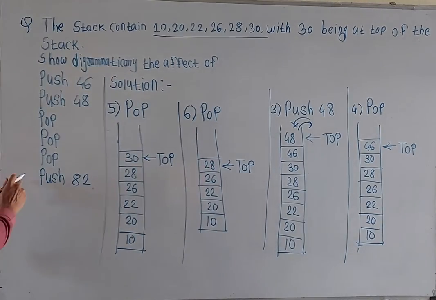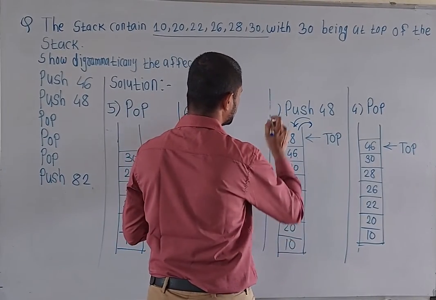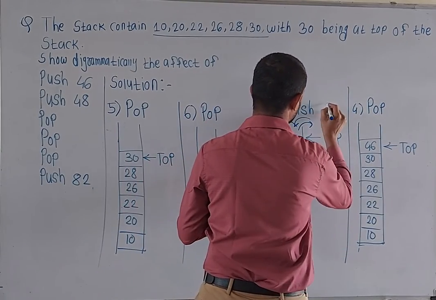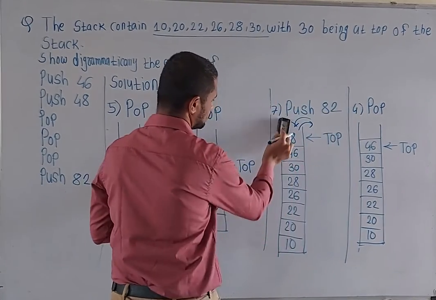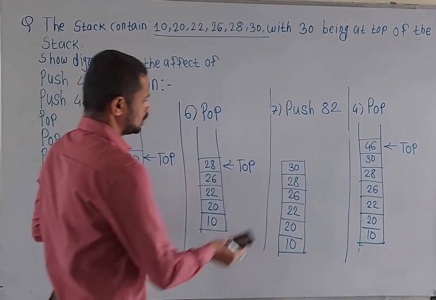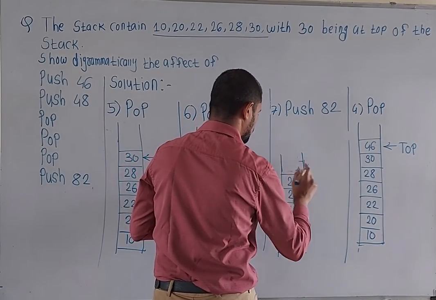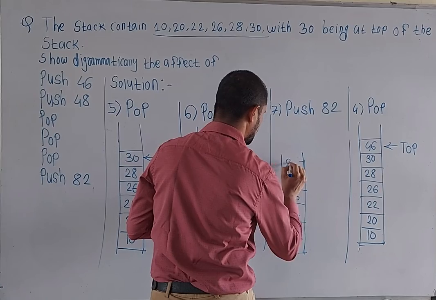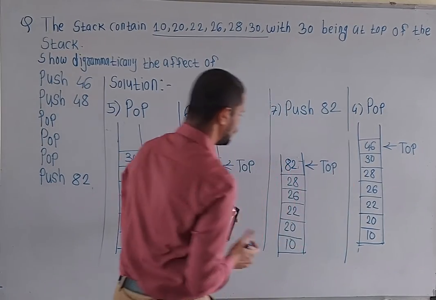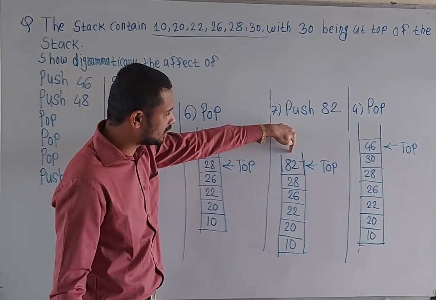And the last operation is push 82. So we have to push 82 into the stack. So 82 will be inserted at the top location. So top will be incremented by 1 and the new element 82 is inserted.